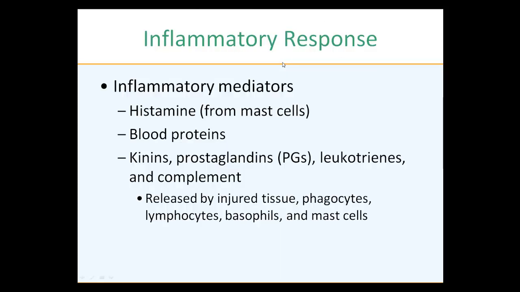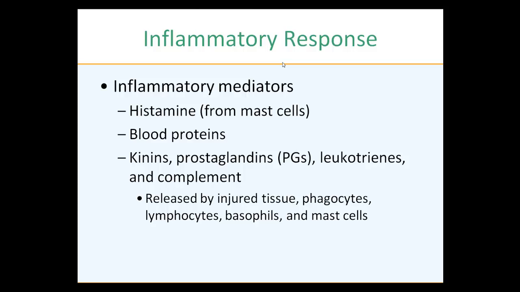Okay, so we do have inflammatory mediators, and we talked about histamine, we talked about nitric oxide, which is not in this particular slide. That is also secreted, the nitric oxide is secreted by the phagocytes. Histamine is secreted by the mast cells, but it was the TNF, the tumor necrosis factor, that stimulated the release of the histamine, if you remember.